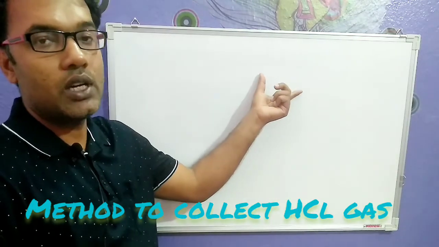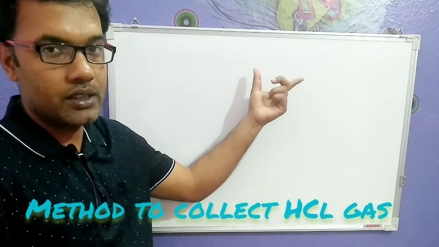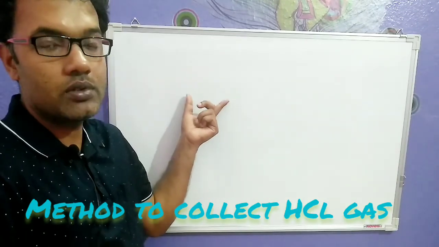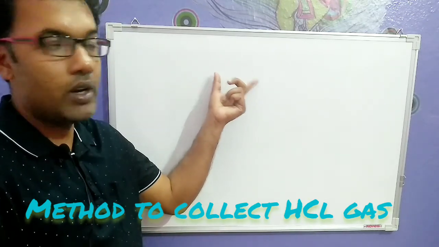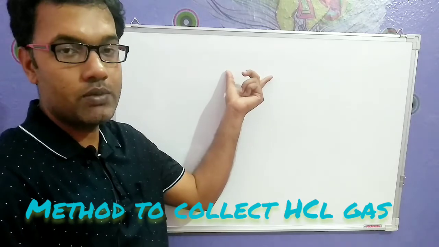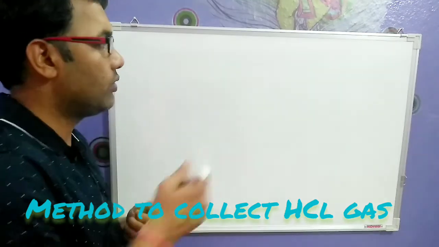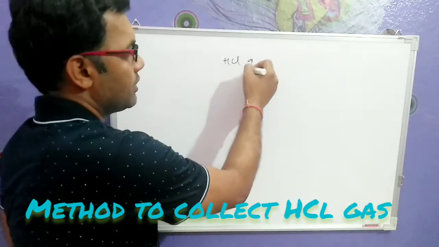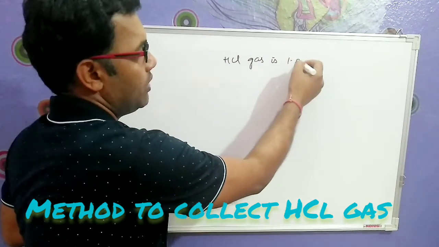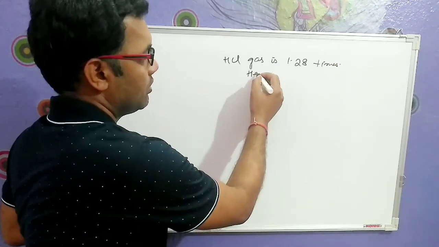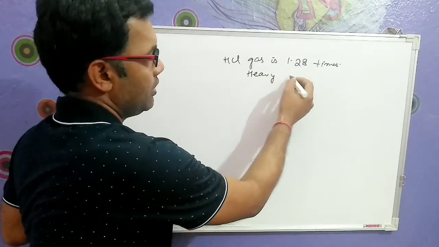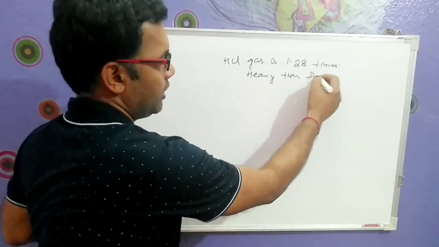Right, now the dry HCl gas is collected by the method of upward displacement of air. Now why do we do this by upward displacement of air? Because we know that HCl gas is 1.28 times heavier than air.